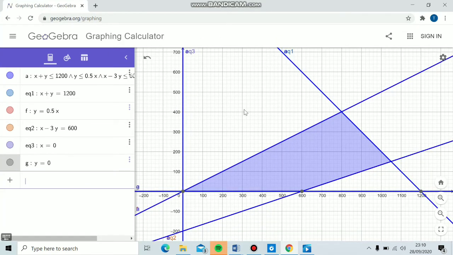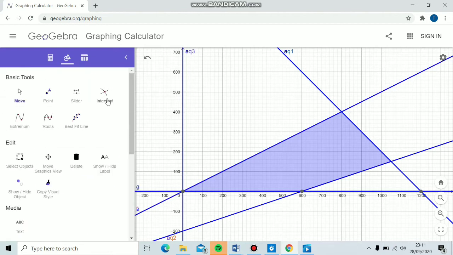Then because this is the feasible region, we have to determine the points in the feasible region. So we have to use this tool, intersect.